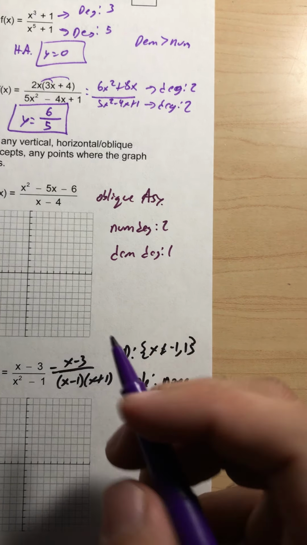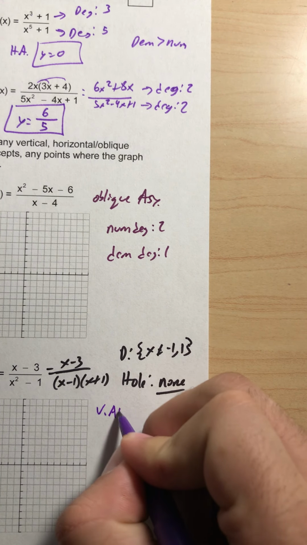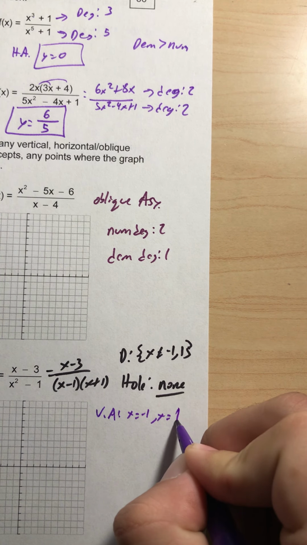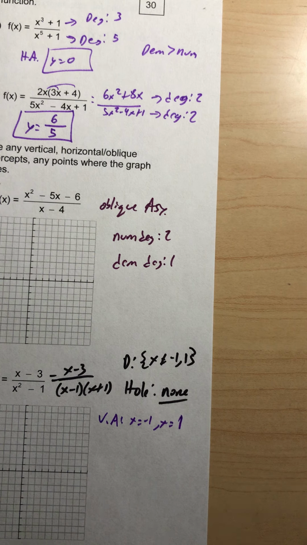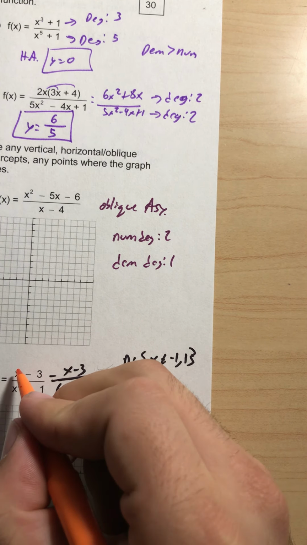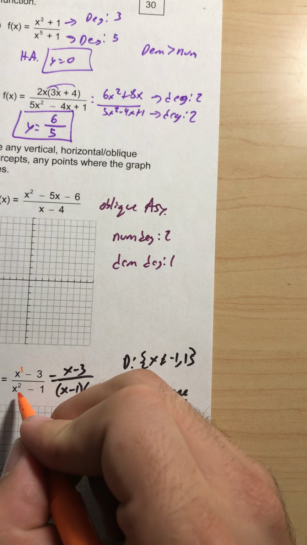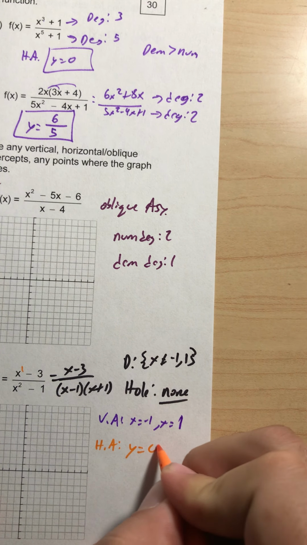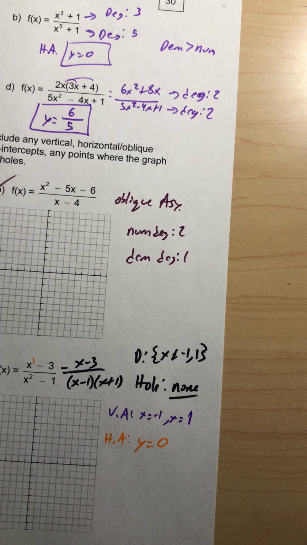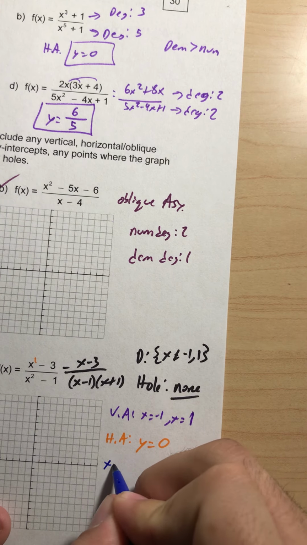So I have vertical asymptotes at x equals negative 1 and x equals positive 1. For my horizontal asymptote, the degree in the numerator is 1, the degree in the denominator is 2. If the denominator degree is bigger, I'm always just going to be at y equals 0.